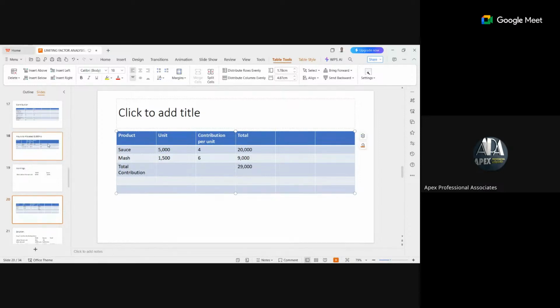Now, the fixed cost is given to us in the question as 20,000. The profit will now be 9,000. Profit is 9,000. So this is what this question wants you to do.